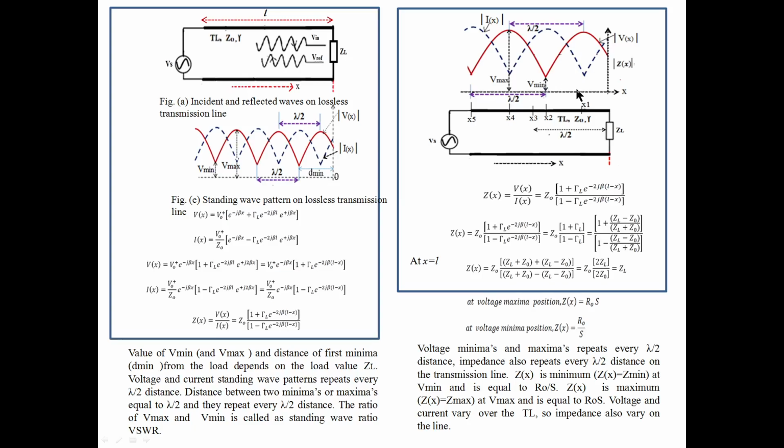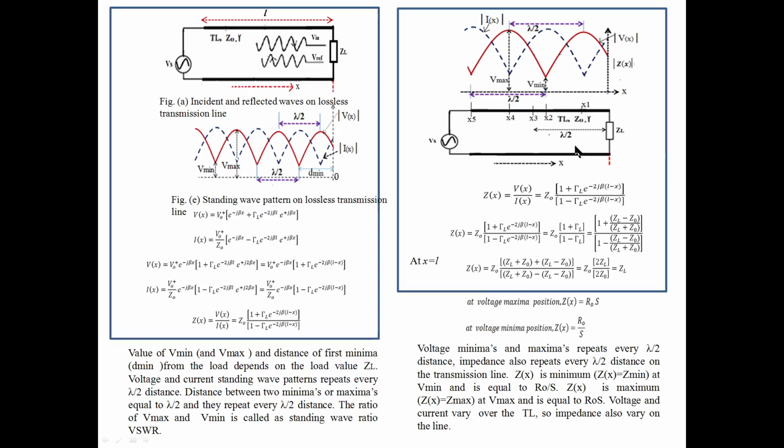But for some problems, the voltage and current waveforms may interchange, and then we come across the minima first, and afterwards the maxima comes. The minima may first appear or the maxima may first appear, depending upon the load ZL.